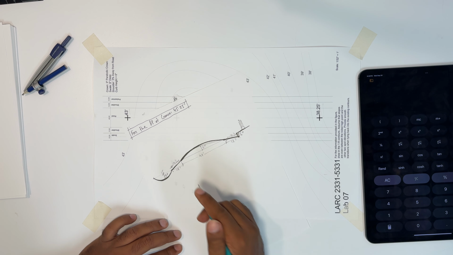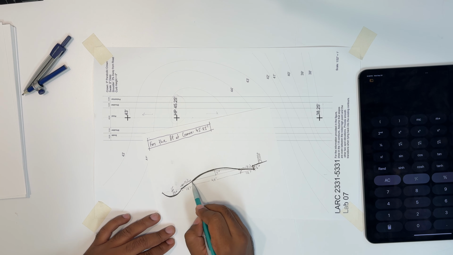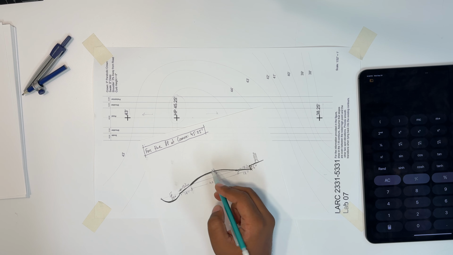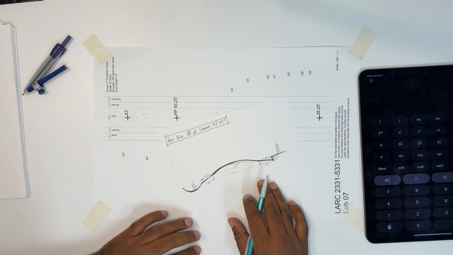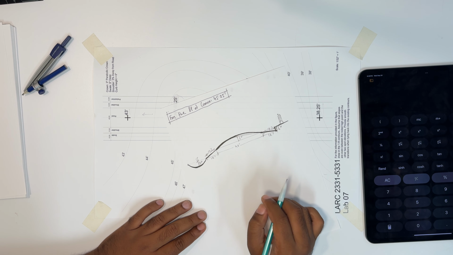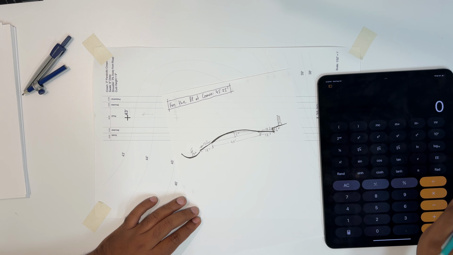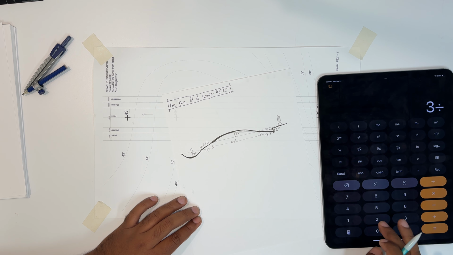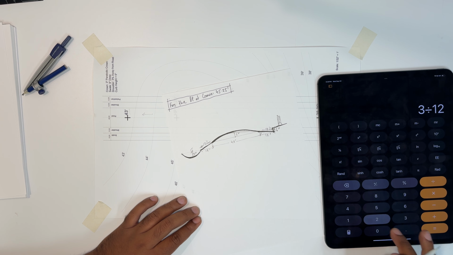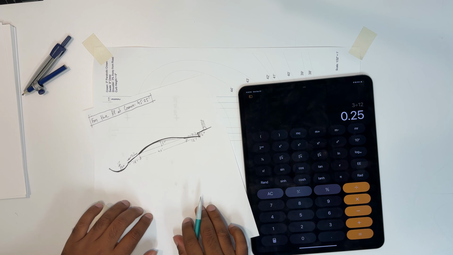All right, so let's talk about this high point section. What are the different elevation points that we have? So this is 3 inches. We know this is 45.25. So if we try to calculate how much is 3 inches in feet, let's do 3 divided by 12. That becomes 0.25 right here, as you can see.